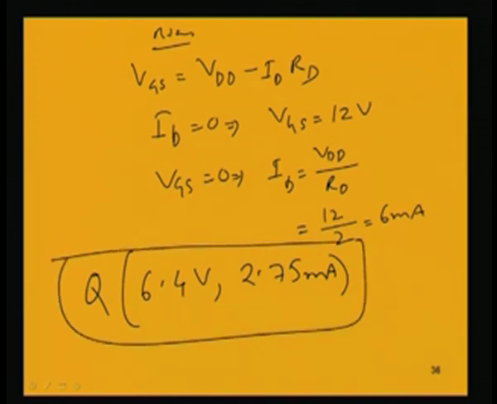This is how to solve the problem. We have to draw the transfer characteristic as well as the bias circuit straight line, then the intersecting point between them will give you the Q point.